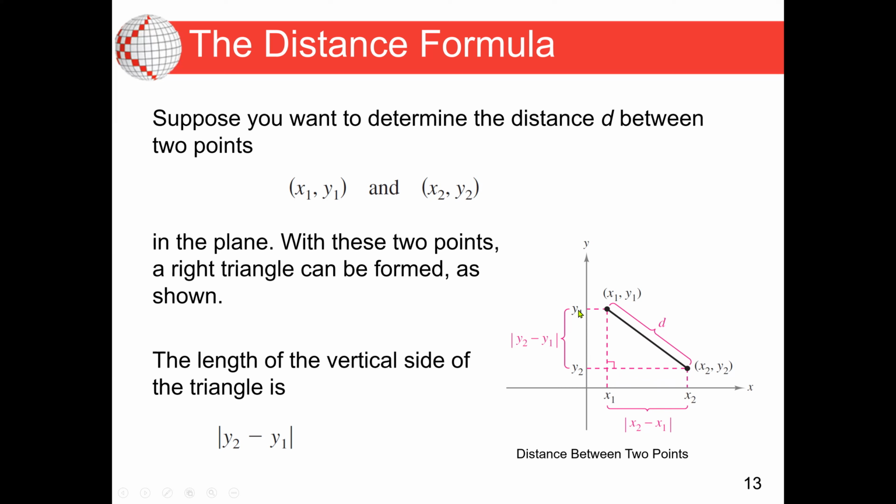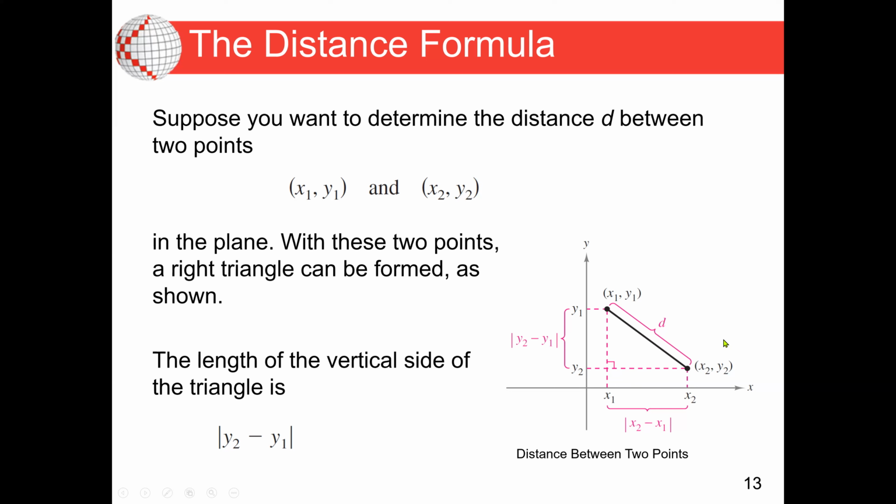Same thing, the distance from y1 to y2 will be the difference y2 minus y1. Since we have a right triangle, d becomes our hypotenuse. So the formula to find the distance between 2 points is y2 minus y1 all squared plus x2 minus x1 all squared, and the square root, because the formula gives d squared. So to find d, we take the square root of the answer.